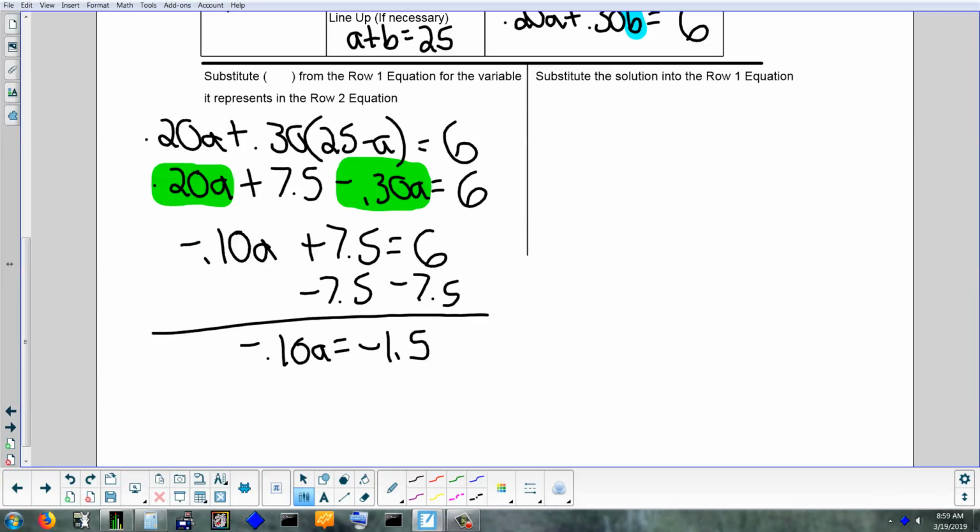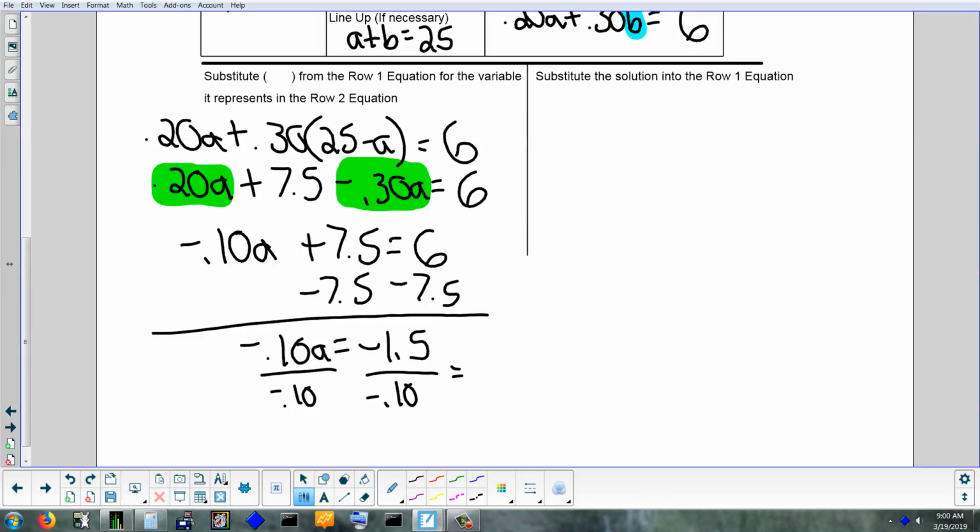Jake, do you know what to do? Divide by what number, buddy? Negative point negative 10. So like Mr. Hager said, we can't have a negative amount of solution, but why?